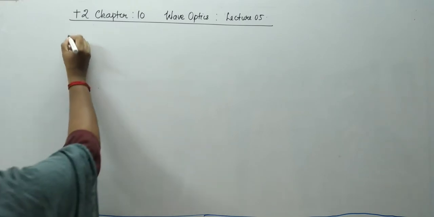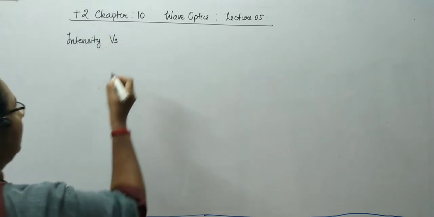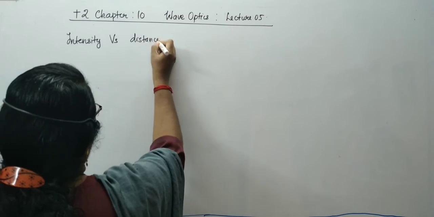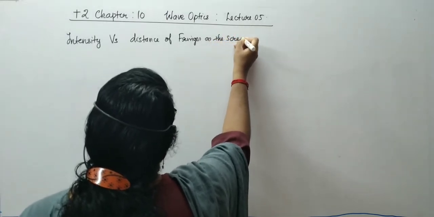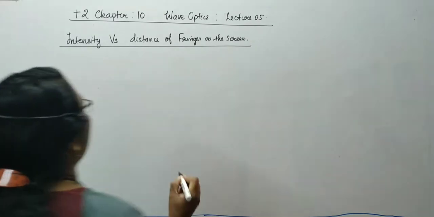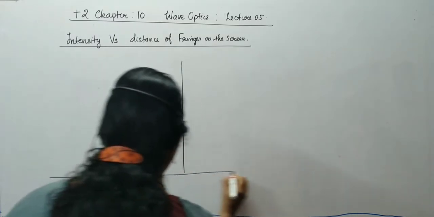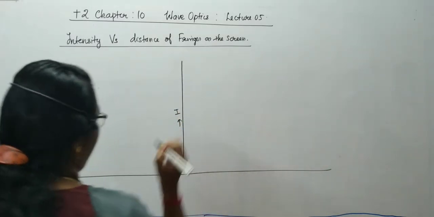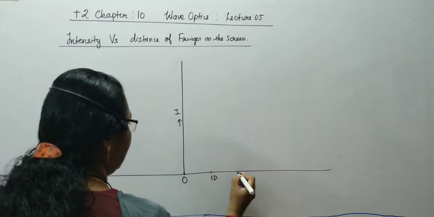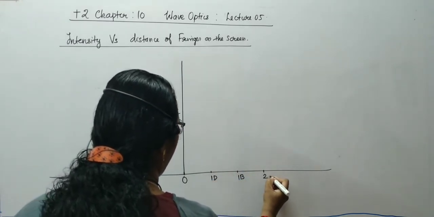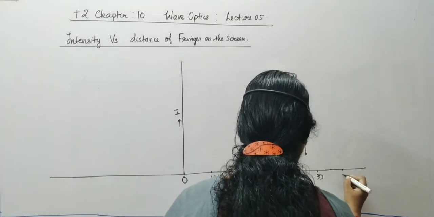At first we are going to plot a graph of intensity versus distance of fringes on the screen. In the y-axis we take the intensity I, and in the x-axis this is the center O, first dark, first bright, second dark, second bright, third dark, third bright.